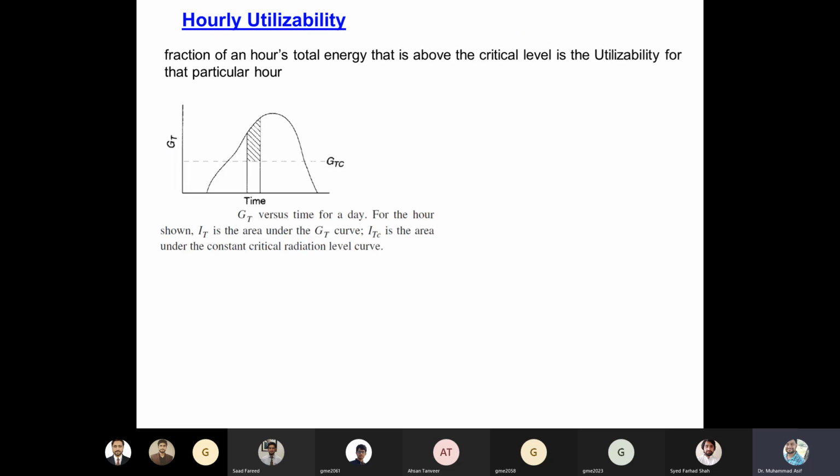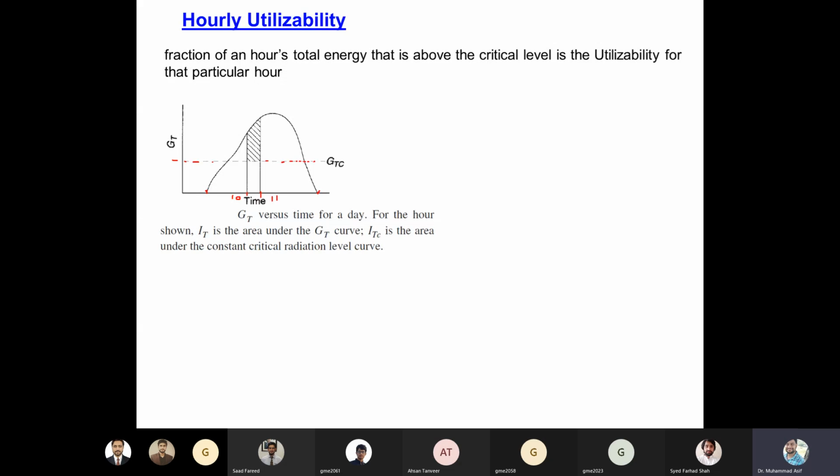For that particular hour, you can see here, for example, the total solar radiation variation along with the time. You know that from sunrise to the sunset, it is like that. But if you take any of the hour, let's say this is for 1 hour, let's say 10 a.m. to 11 a.m., and this is the level of the critical radiation.